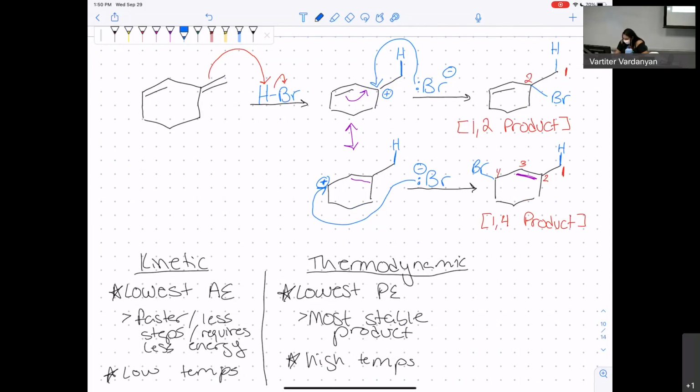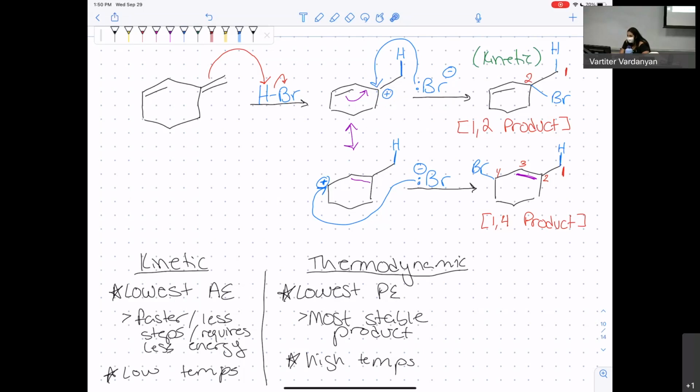So I'm going to say this is kinetic. Again, it's kinetic because it has the lowest activation energy, because it happens in fewer steps, and it has a more stable carbocation.